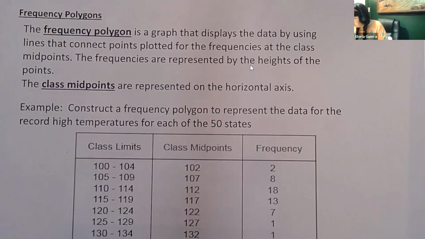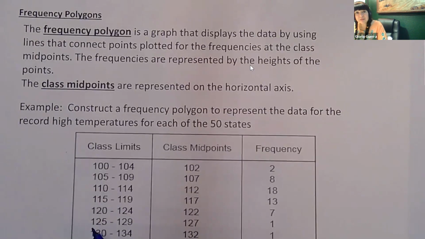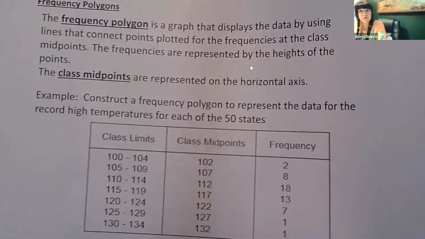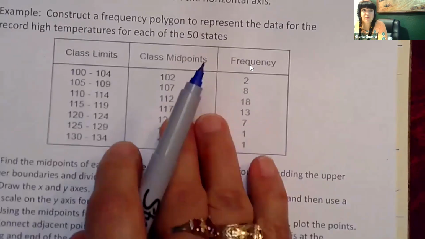The frequencies are represented by the heights of the points. The class midpoints are represented on the horizontal axis. So construct a frequency polygon to represent the data for the record high temperatures for each of the 50 states. So they've got your class limits, and see how we don't even get to participate here. See how they have all that filled out already?